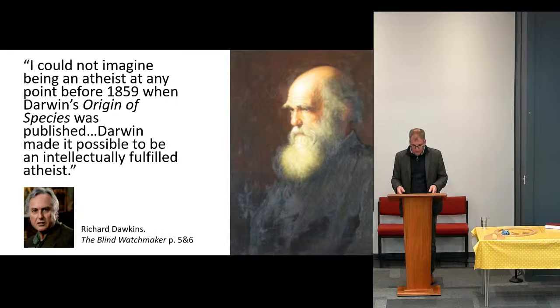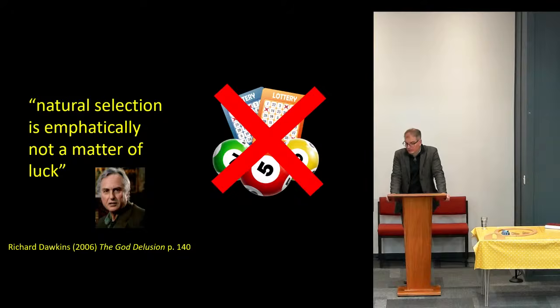And I think he's right, you know. It is simply not believable to think that all of this came about by chance. But Richard Dawkins says Darwin has made it possible to be an intellectually fulfilled atheist. Well, why is that? Well, because natural selection, Darwin's mechanism, is emphatically not a matter of luck.